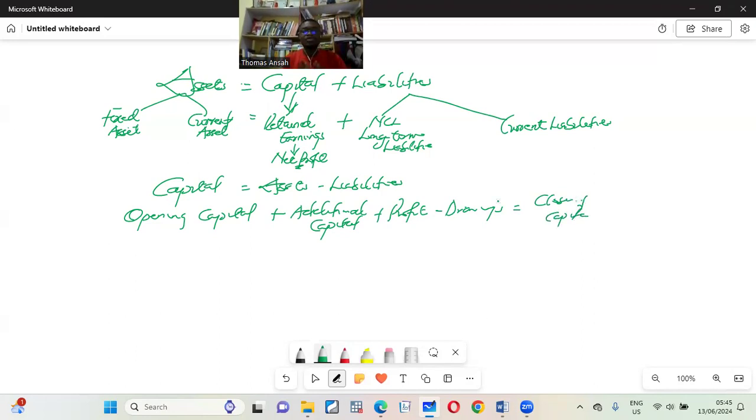Now we are going to use this one: capital is equal to assets minus liabilities. What we do with that in a statement form is what we call a statement of affairs.